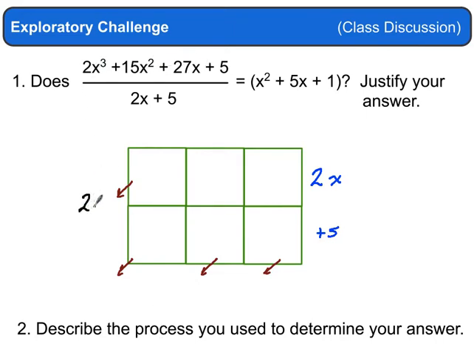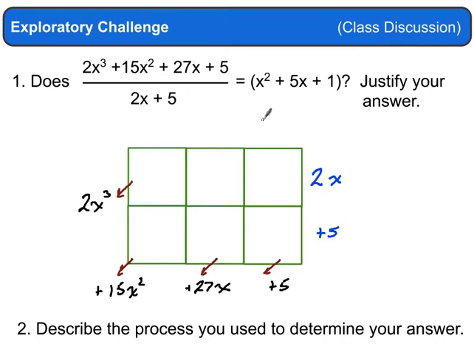So we had our 2x to the third, we have our 15x squared, we have our 27x, and then we have our 5. We'll just put positives on all of these to remind us. And so what we're trying to do is go backwards and figure out what would go up in these positions here.